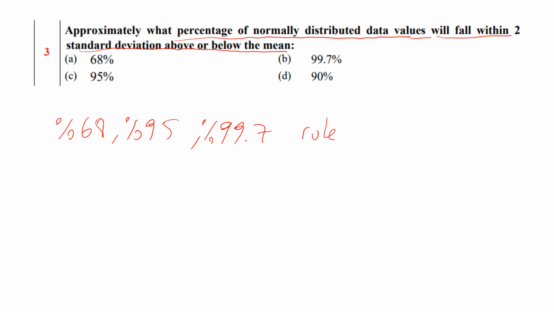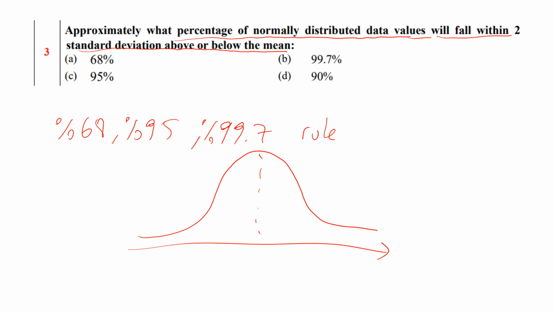If you remember this rule, in normally distributed data, 68% of the data fall within 1 sigma below or above the mean.